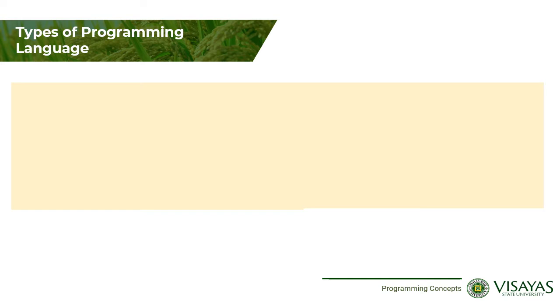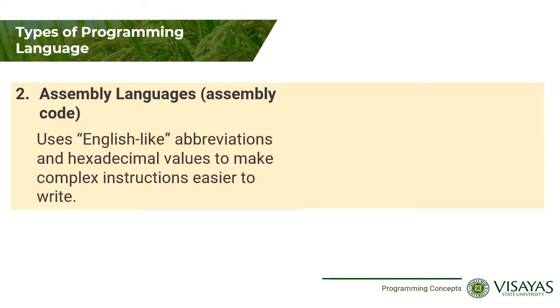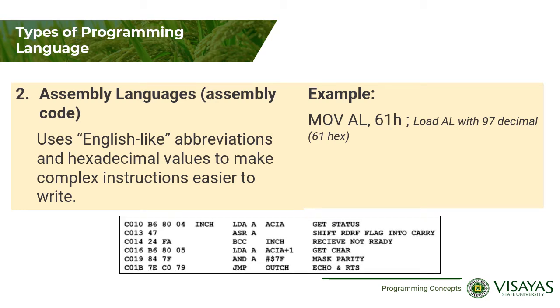The second type of programming language is the assembly languages or assembly code. Assembly code is a low-level computer language that is specific to a particular computer architecture. It uses English-like abbreviations and hexadecimal values to make complex instructions easier to write.